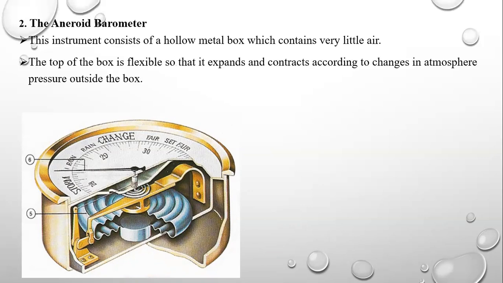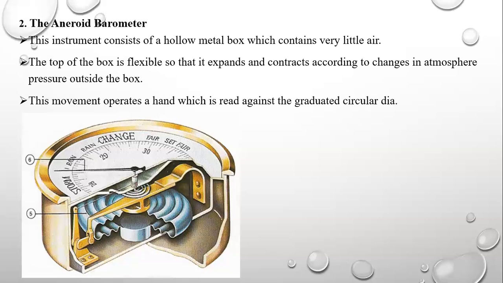The top of the box is flexible so that it expands and contracts according to changes in atmospheric pressure outside the box. So basically, this movement operates a hand which is read against the graduated circular dial.